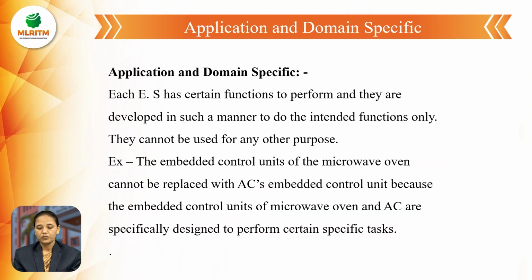They can't be used for any other purpose. For example, the embedded control unit of a microwave oven can't be replaced with the AC embedded control unit, because the embedded control units of the microwave oven and the AC are specifically designed to perform a certain task.